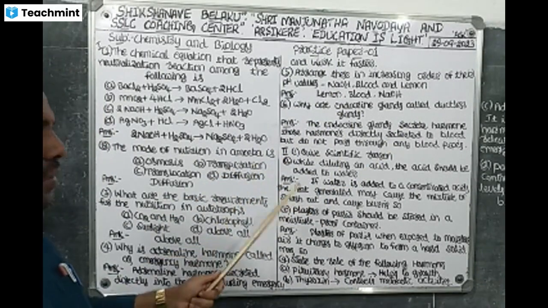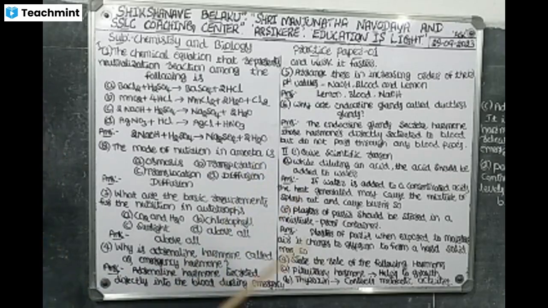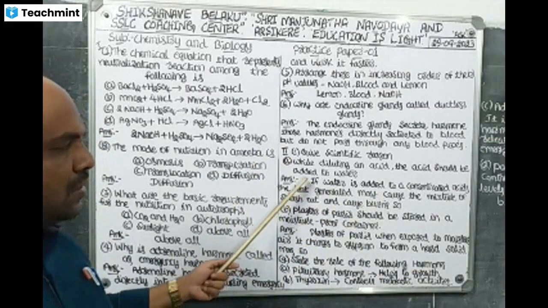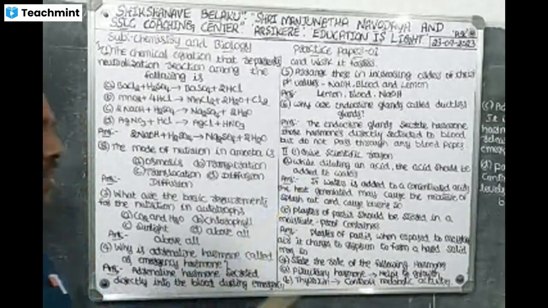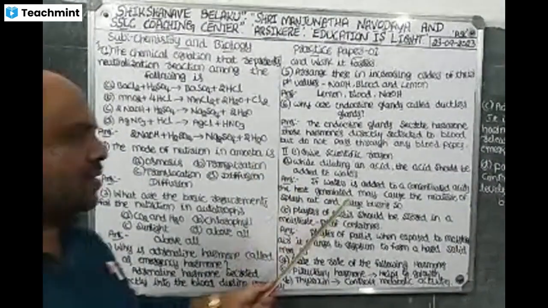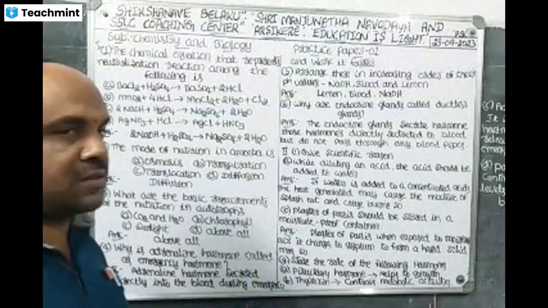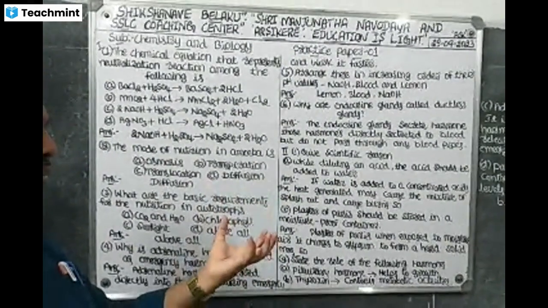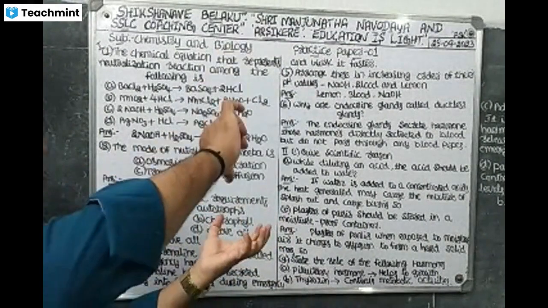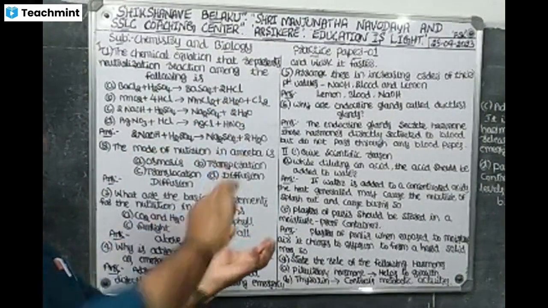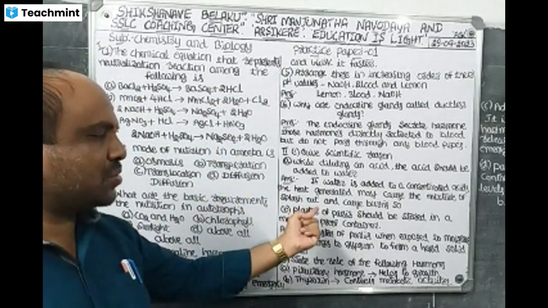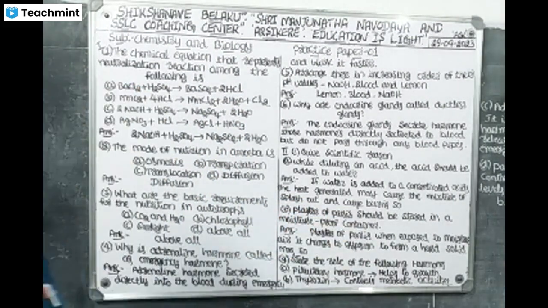Next, give a scientific reason. A: While diluting an acid, the acid should be added to water. Why? If water is added to a concentrated acid, immediately heat will be released and the acid will splash out, causing burns.